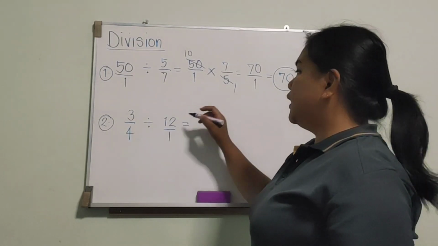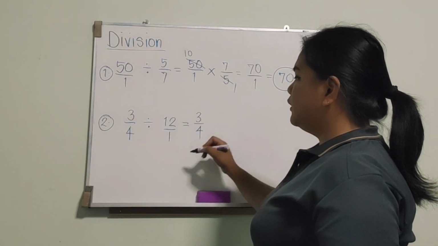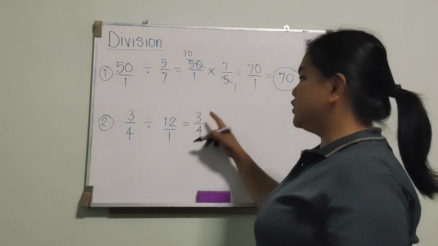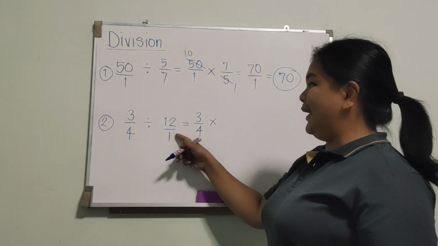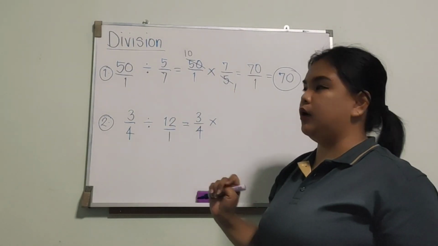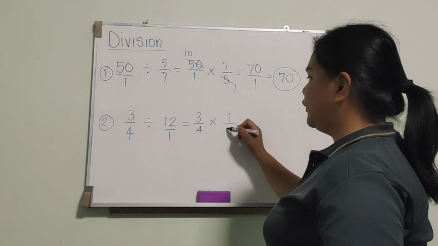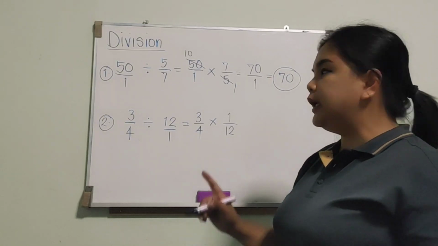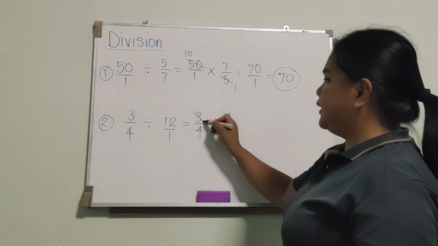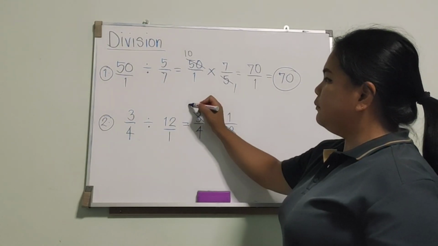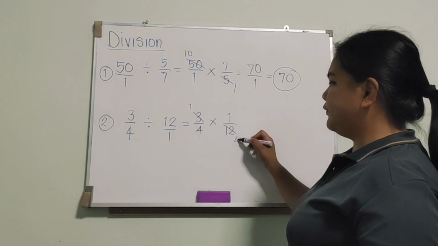First number, copy, change division to multiplication, and get the reciprocal of 12 over 1. So you will get 1 over 12. Next, cut the number. 3 becomes 1, 12 becomes 4.